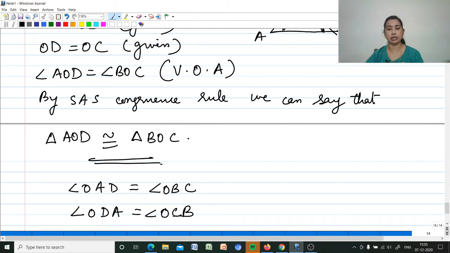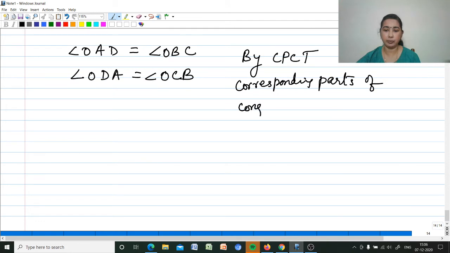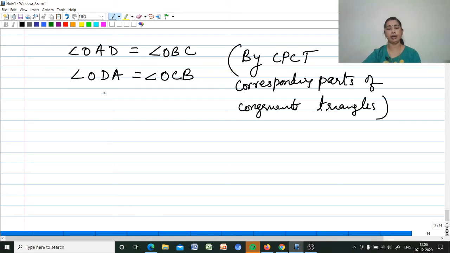Those two angles are also equal. That's because of CPCT. What do you mean by CPCT? Corresponding parts of congruent triangles. So those two angles are equal.